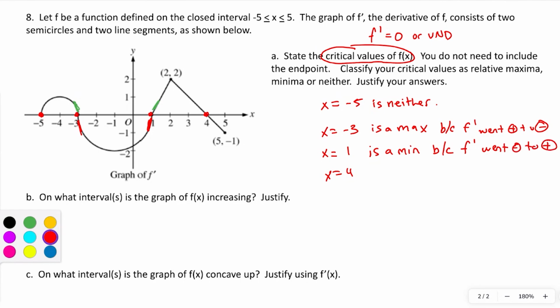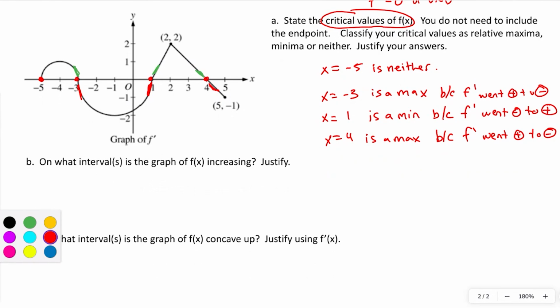And finally, at 4, the value of f prime is going from positive to negative, just like at -3. So this is going to be another maximum, for the same reason as before: f prime is going from being positive to negative. All right, letter B. It says, on what intervals is the graph of f of x increasing?